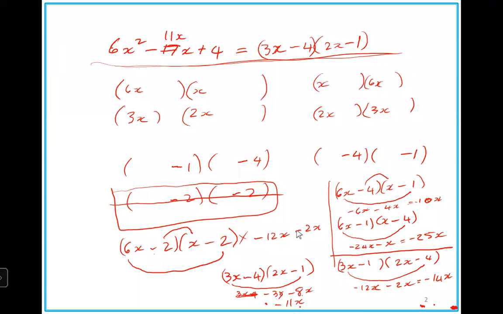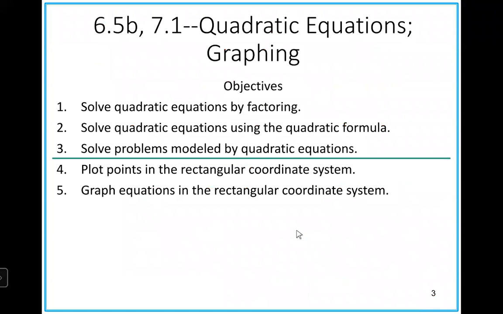Okay, so we're going to move on then to look at today. We're going to finish off chapter 7, looking at factorization of equations and using the factorizing method to solve.